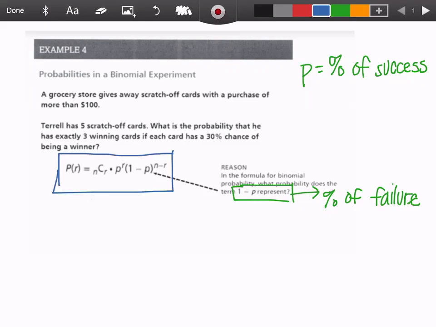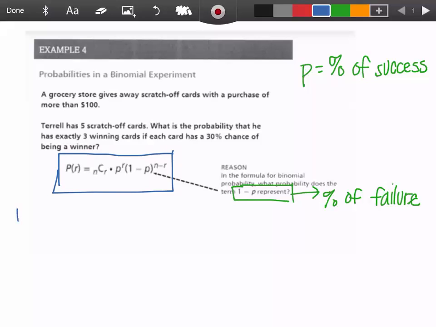And failure would be losing if we scratched off the card and we lost. So P is the percent of success, and then 1 minus P is the percent of failure given a binomial experiment. So let's figure out the probability that Terrell has of winning exactly 3 cards.